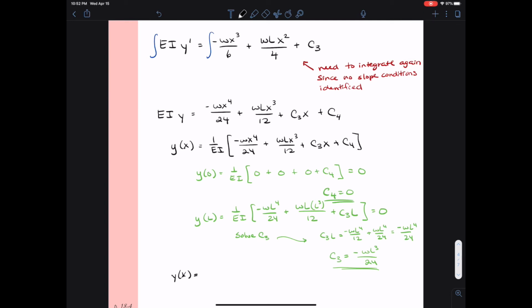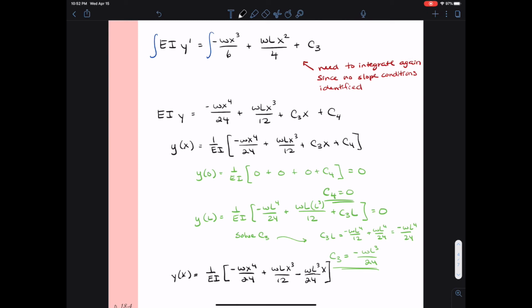So I plug in y of x equals 1 over EI bracket times negative omega x to the 4th over 24 plus omega L x cubed over 12 minus omega L cubed over 24 times x, and that's it.